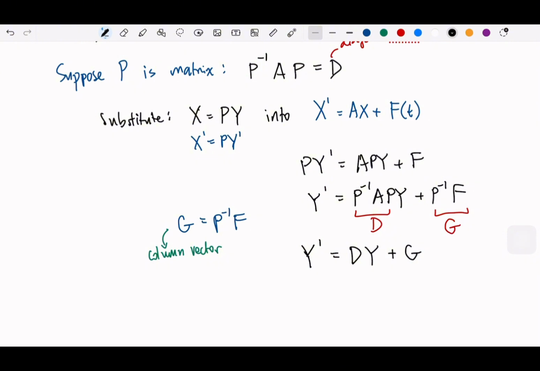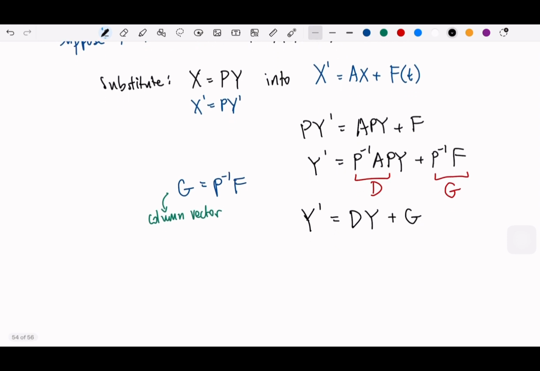So each of the differential equations in this new system becomes yi prime equals lambda i yi plus gi of t, where i can be 1, 2, and more until n.